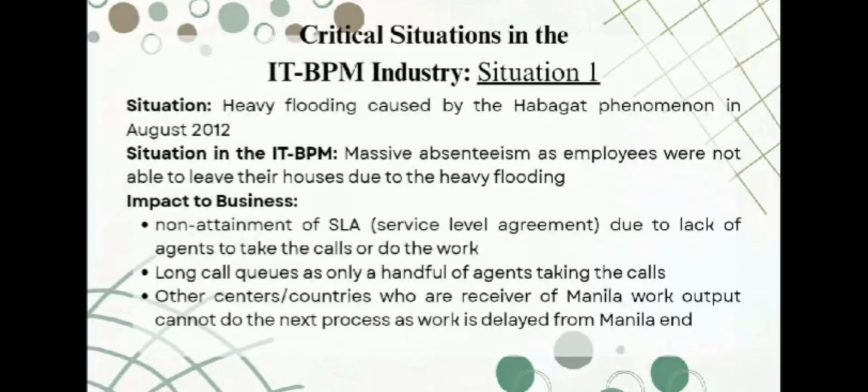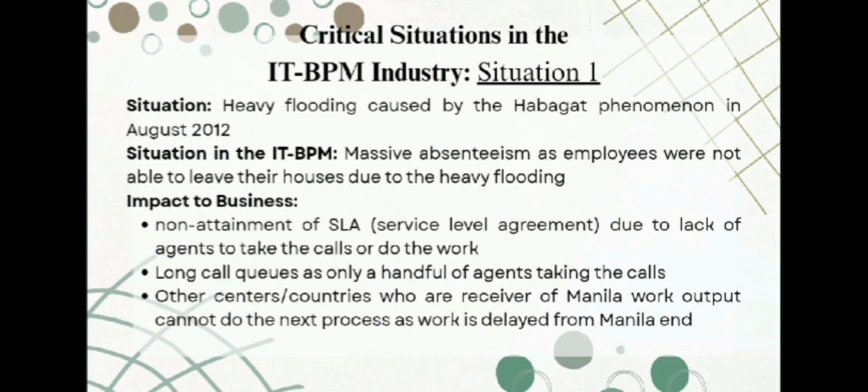This slide describes a critical situation in the IT BPM industry caused by heavy flooding in August 2012 due to the Habagat phenomenon. Situation: massive employee absenteeism because they couldn't leave their homes. Impact: failure to meet SLA due to staff shortage.